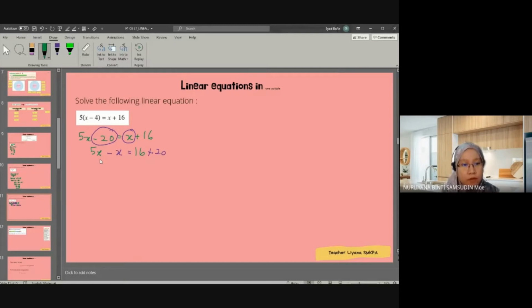So we have 4x equals 36. You want only x. This is 4x. So what you will do is 36 divided by 4. So your x is 9. So these are your answers.